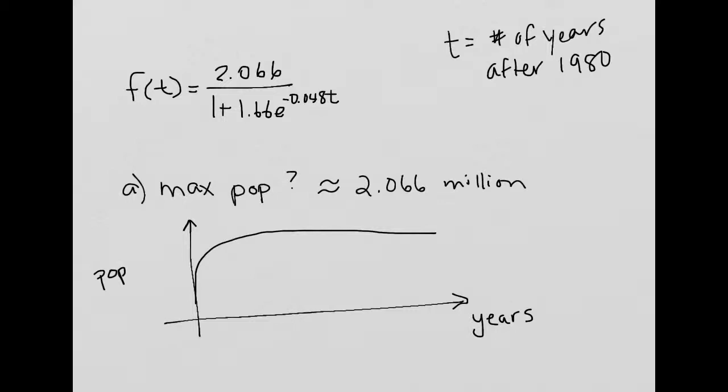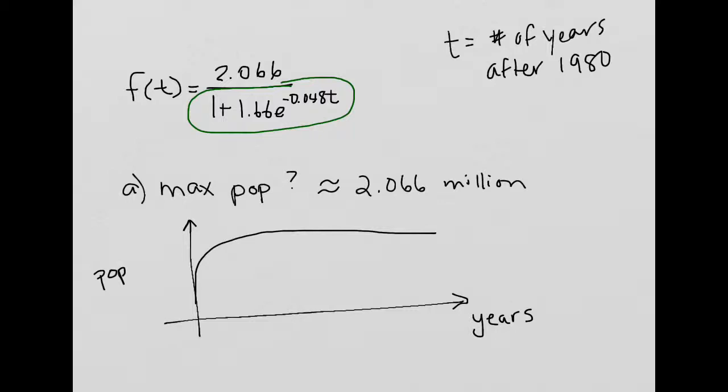The reason is that this denominator is always going to be 1 plus something, and if the exponent is negative, the bottom goes toward equaling 1. So your maximum is always going to be the top value.